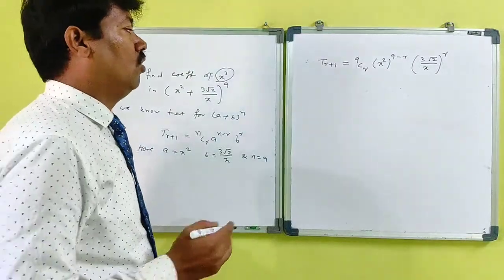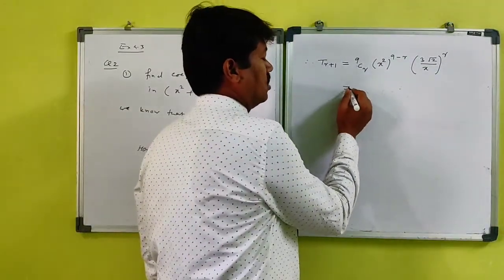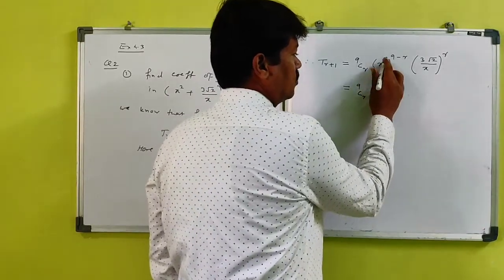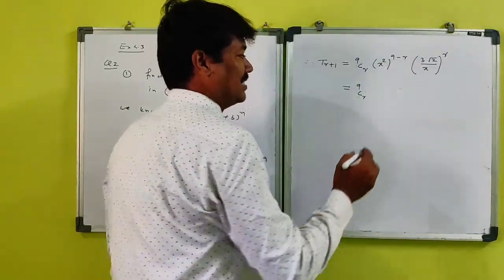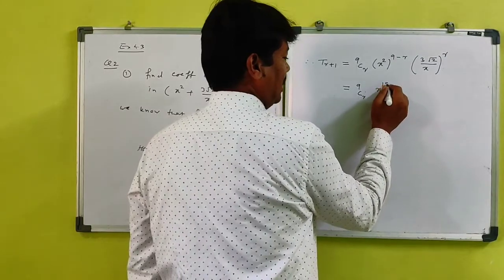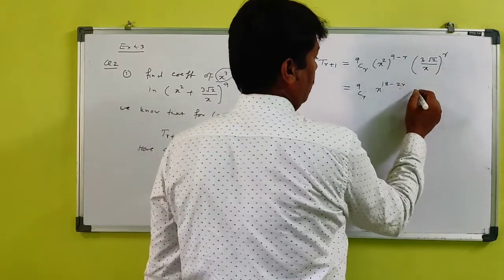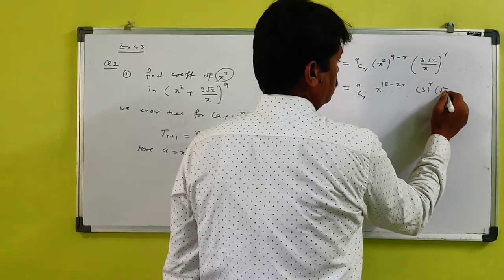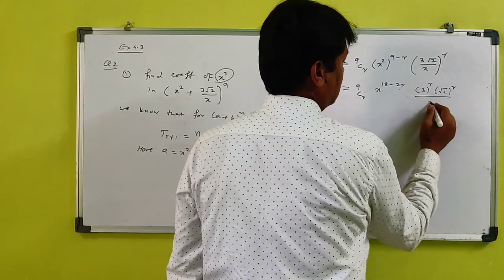Now you collect all the powers of x together and separate the constant terms. So nCr as it is, this will multiply here, so it is x raised to 18 minus 2r. This is 3 raised to r, root 2 raised to r, and x raised to r.